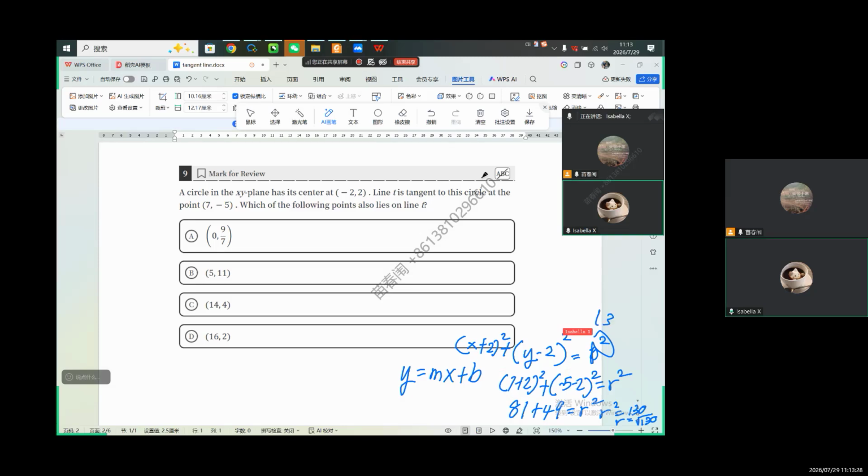So it's like 130, and then we need to find the slope for this. So I guess the slope for this is -1.